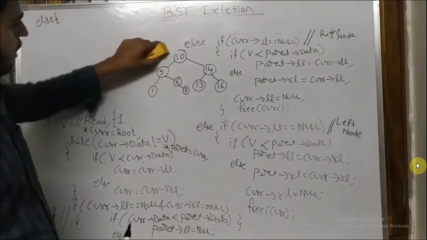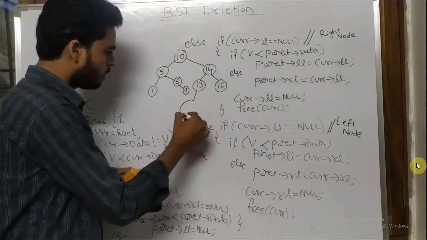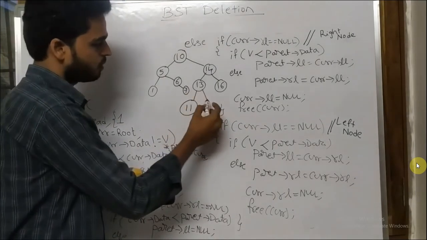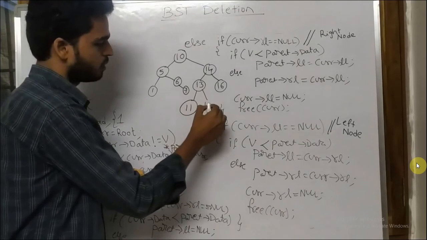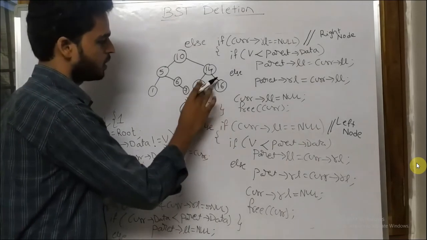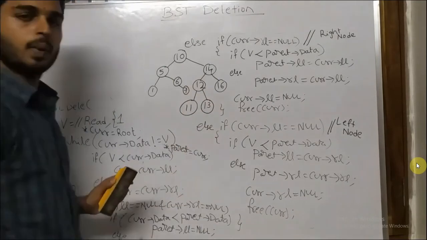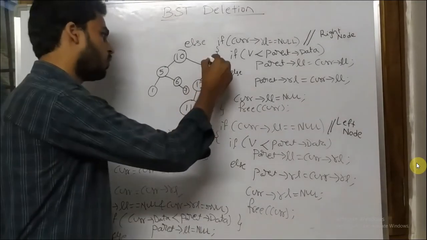Or I want to delete a node, so for example, this is 12 and this is 13. I want to delete the node 14.